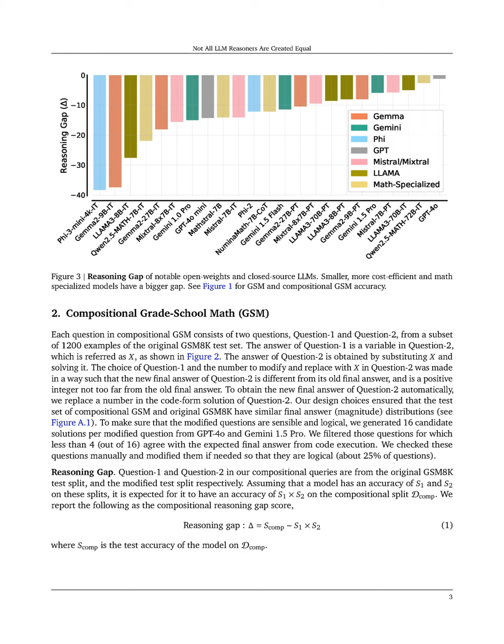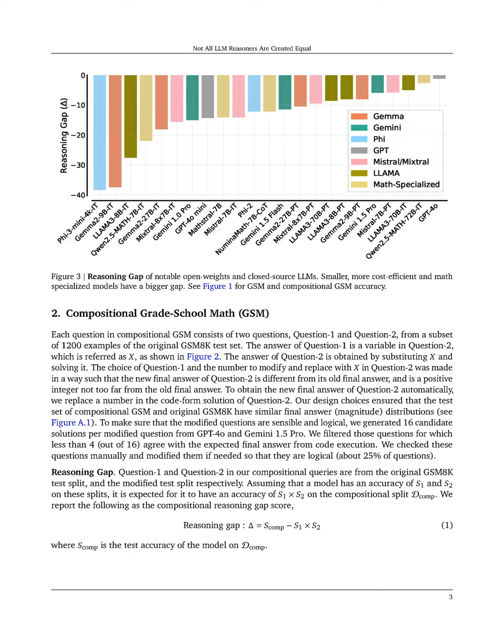Specifically, from a subset of 1,200 examples of the original GSM 8K test set, a number in question 2 is modified and replaced with the answer from question 1, denoted as X. The design ensures that the final answer of question 2 is a positive integer that differs from its original answer, maintaining similar magnitude distributions between the original and compositional questions.